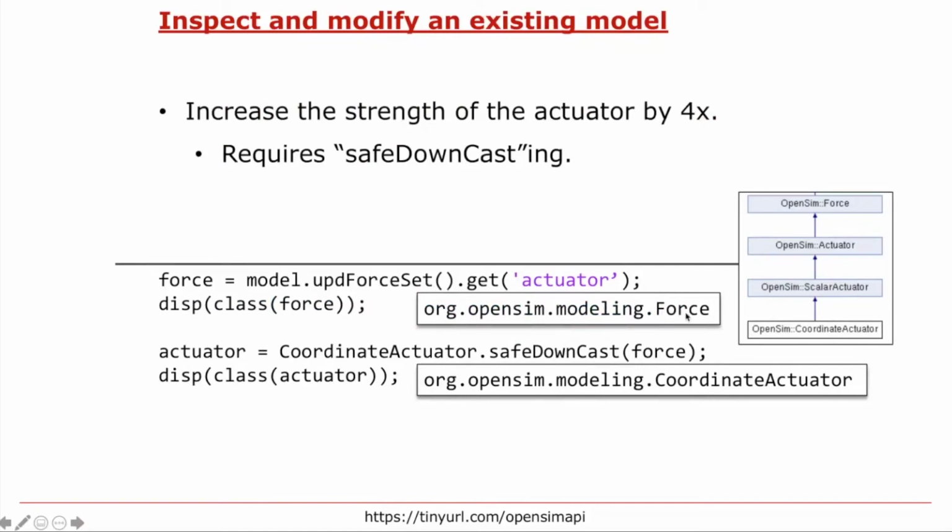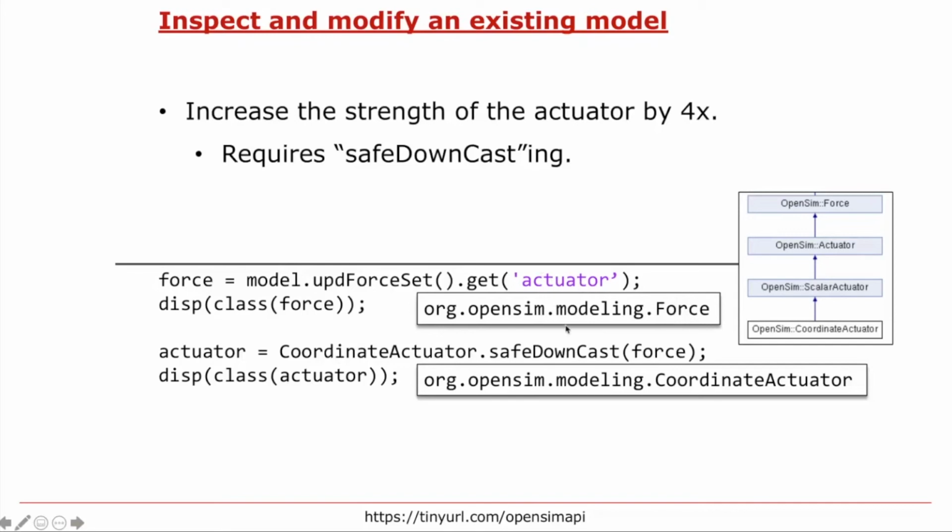And since these functions are implemented in C++ originally, there's no way for this function call to return the true specific type of this actuator force. But as the person who created the model, you know that this actuator is actually a coordinate actuator.